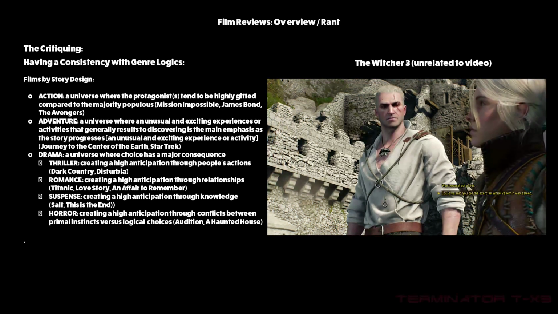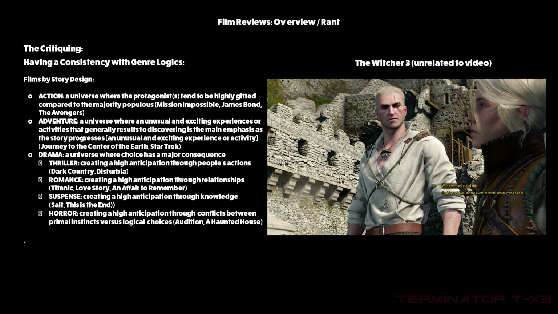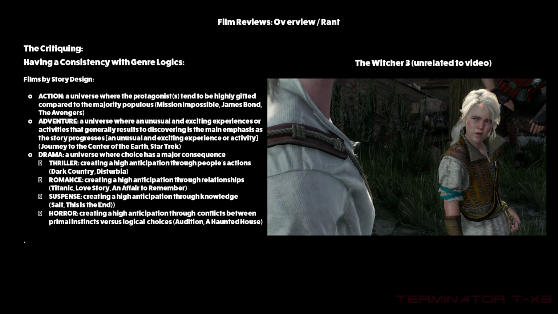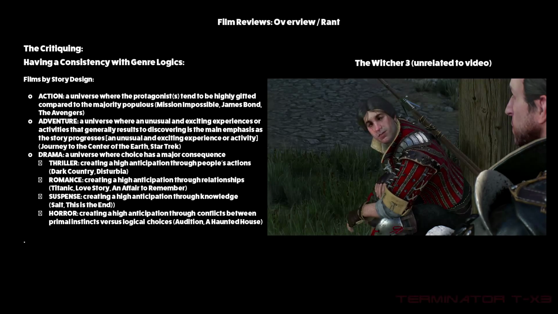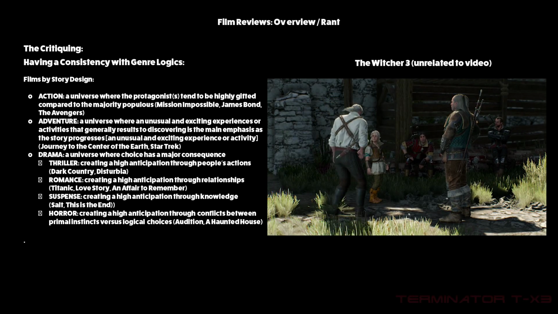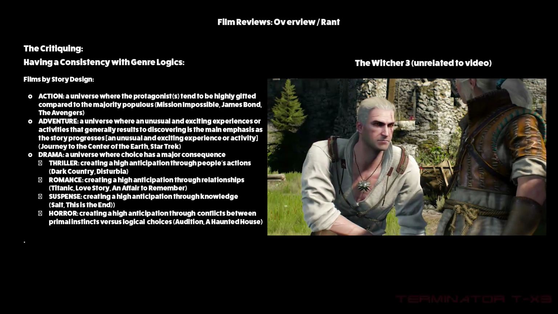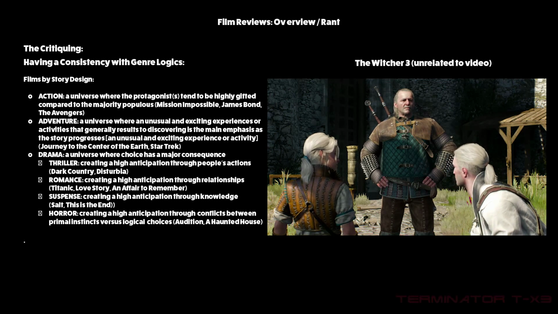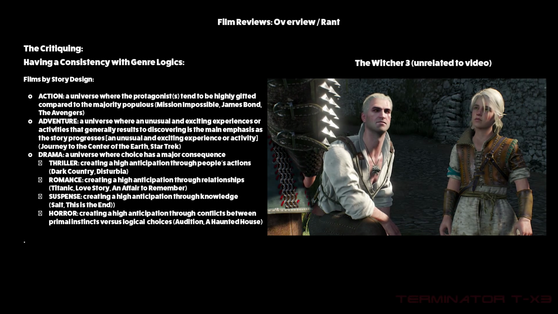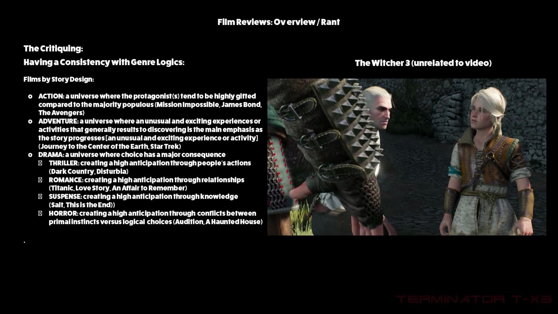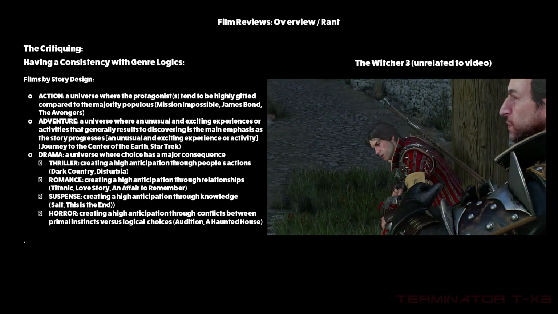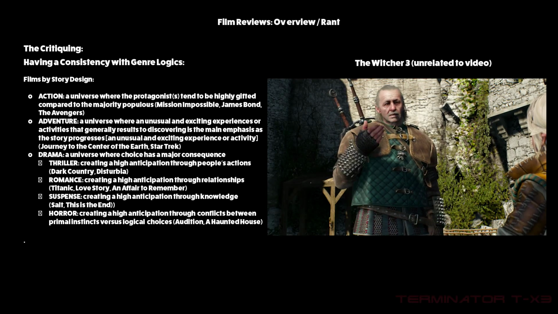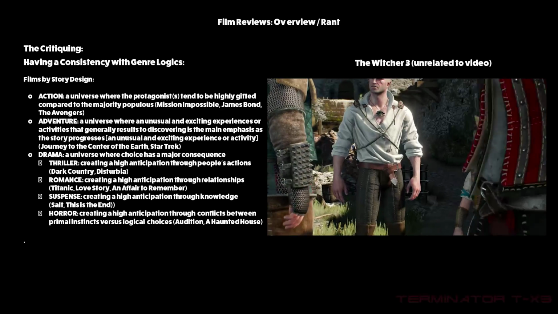Examples are Journey to the Center of the Earth or Star Trek. The last genre is drama, a universe where choice has a major consequence. With these other genres, there are subgenres, but since these are considered subgenres in my logic of genres, I put them here, and since they're really popular, I just put them here.